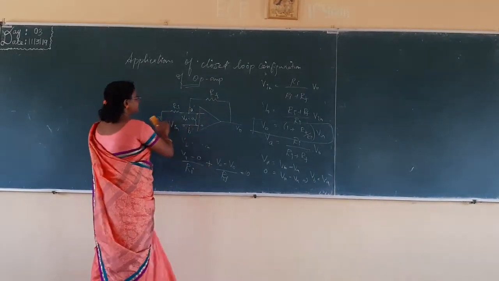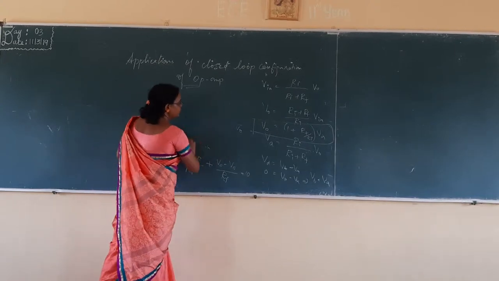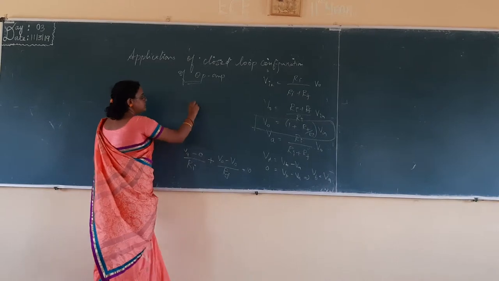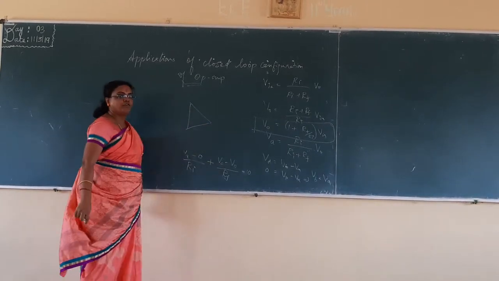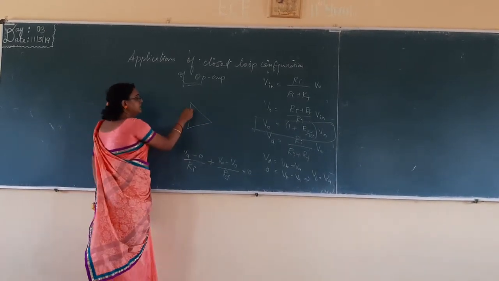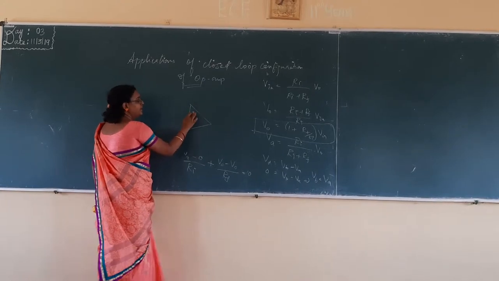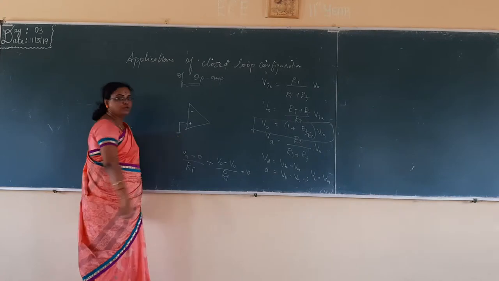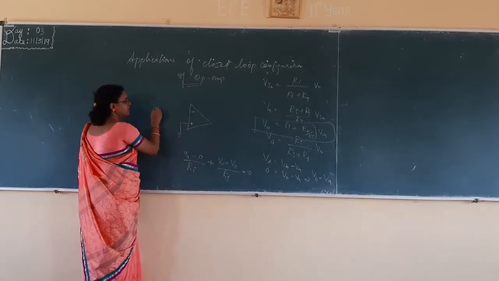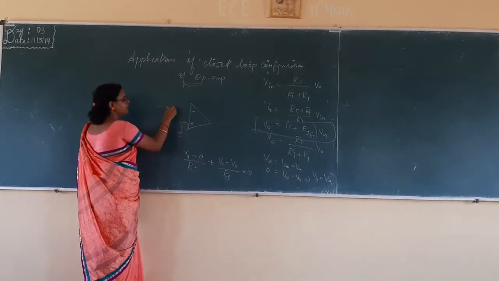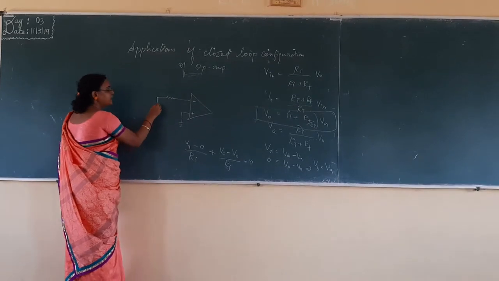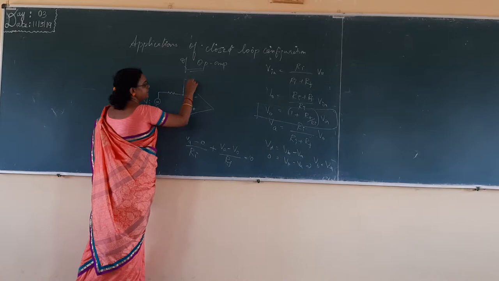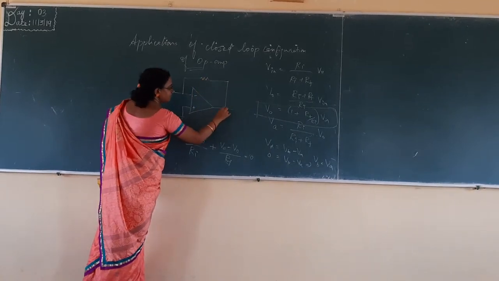In the same manner, we shall find the output equation of the inverting configuration of op-amp. When we consider inverting mode of op-amp operation, the input should be provided at the inverting terminal, and the non-inverting terminal should be grounded. So when we consider the input at the inverting terminal, to the end of Ri we provide our Vin. And Rf is the feedback resistance from V0.